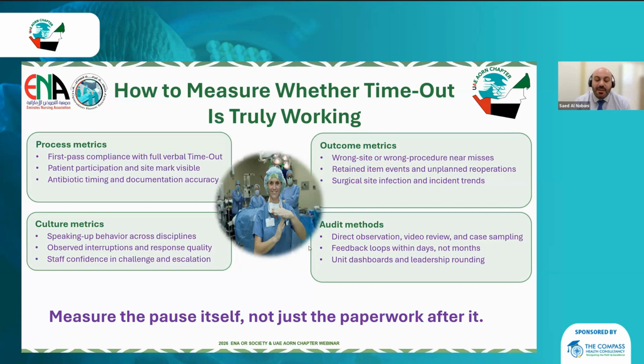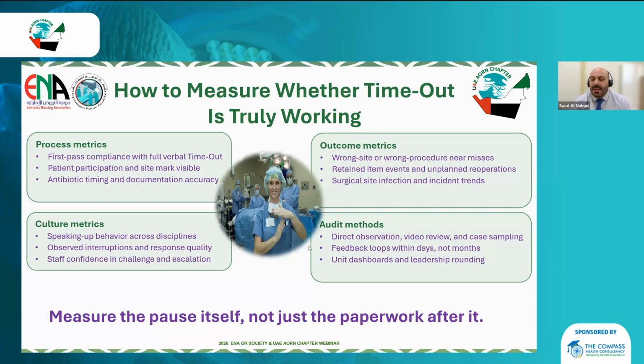And audit method: we have, of course, direct observation. We can also use the system, so that I'm not able to do any verification at that moment. So measure the pause itself, not just the paperwork after it.